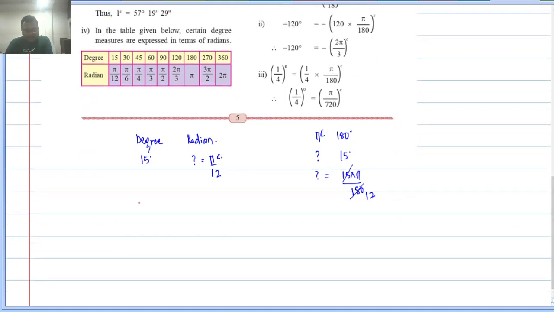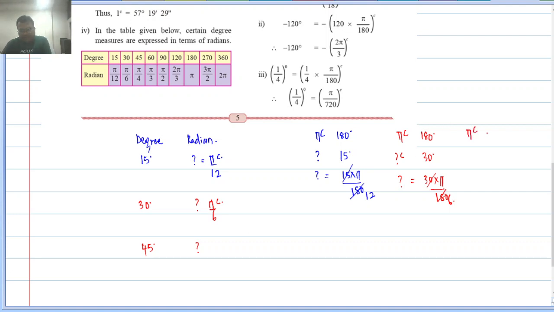Next, 30 degrees is how many radians? We know that pi radians is 180 degrees. So 30 degrees is how many radians? It is 30 into pi upon 180. 30 sixes. So pi by 6. 45 degrees is how many radians?